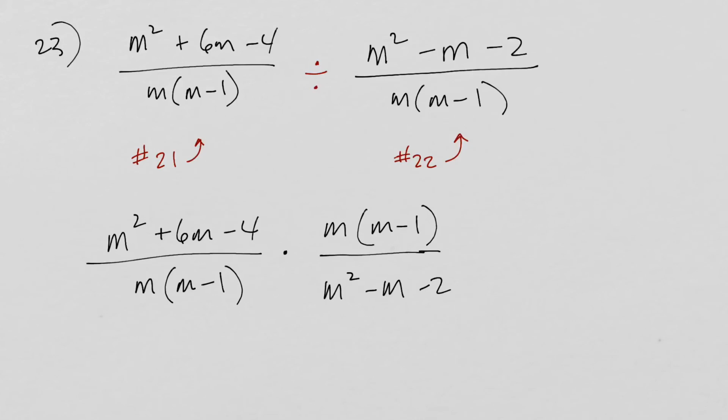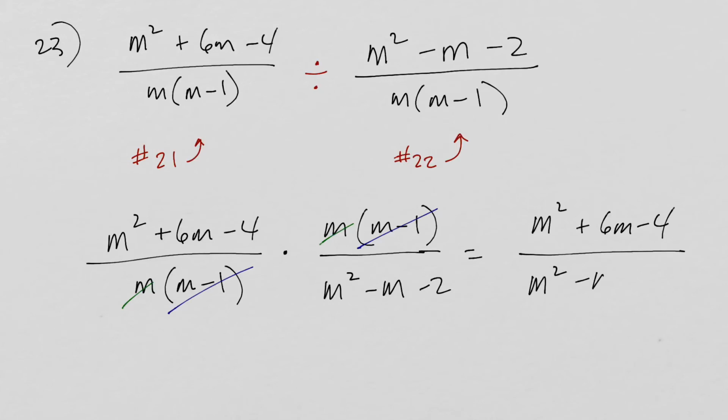And now we can see that all the m's cancel and the m minus 1's cancel. That entire thing cancels. And we're going to be left with m squared plus 6m minus 4 for the first one, and m squared minus m minus 2 on the bottom.